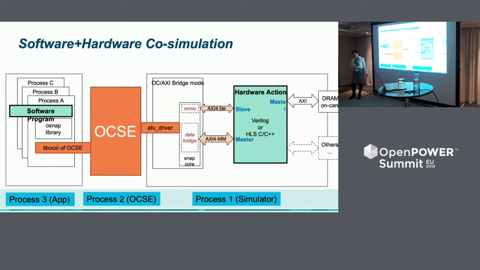With OC-Accel simulation, you can verify the correctness of your implementation. That is very important because if you go to FPGA hardware and you meet some errors, it is not easy to debug. You have to insert some ILA, I mean internal logic analyzer, and sometimes you have to rebuild. So I suggest people do as much simulation as possible before they go to the real hardware.